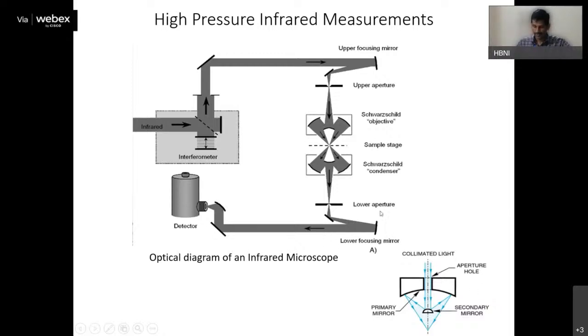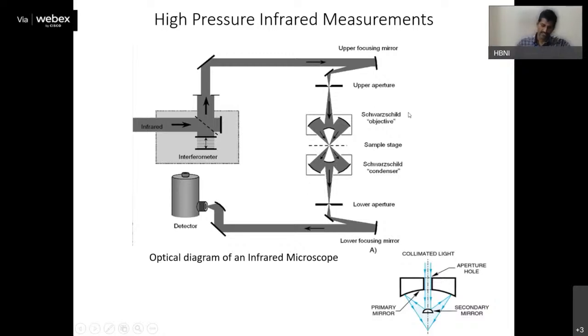So in this case, when we are talking about the infrared, we have to use reflective optics, because the refractive index and transmission of refractive optics varies. So one has to use reflective optics, and also we need to have a very small spot size.